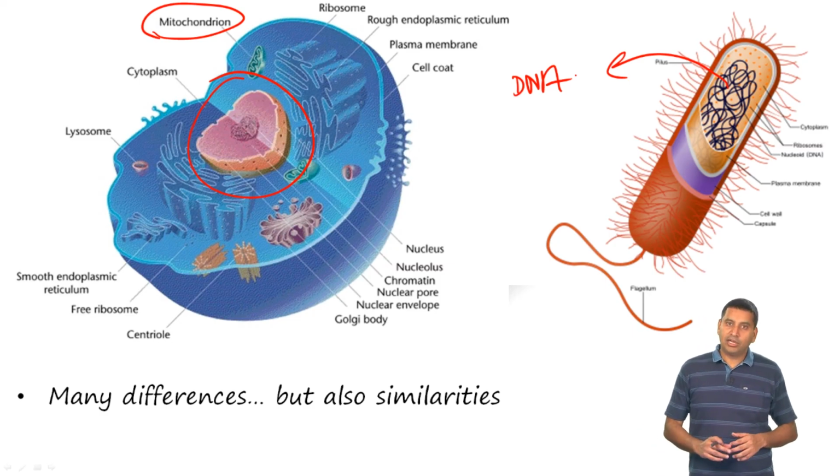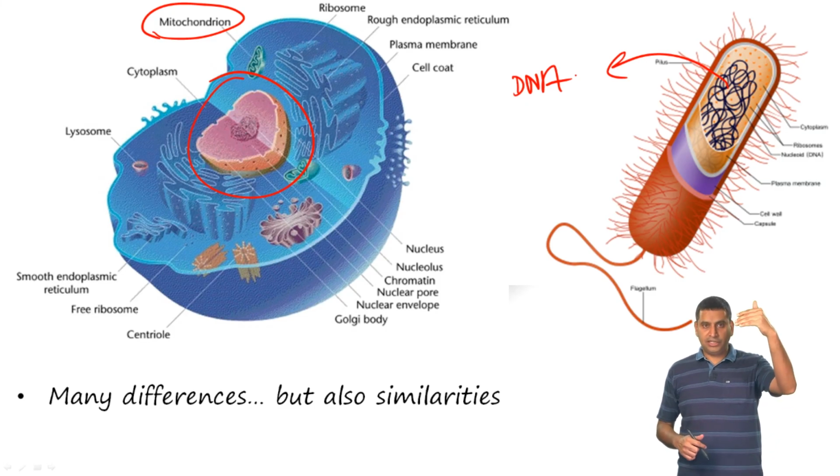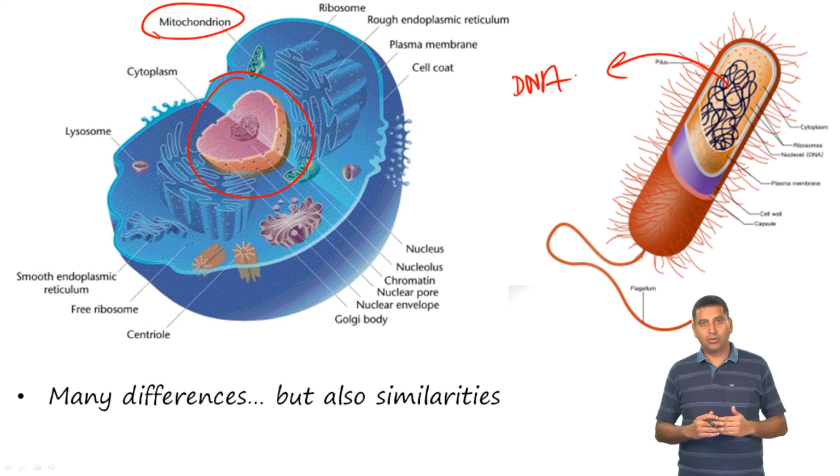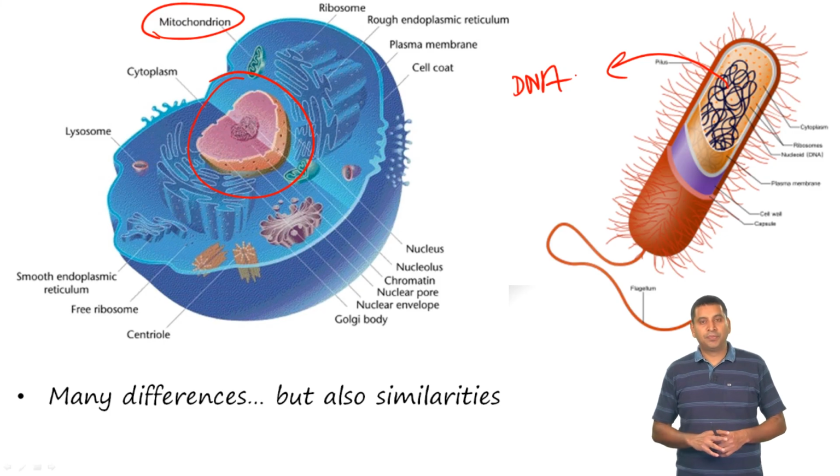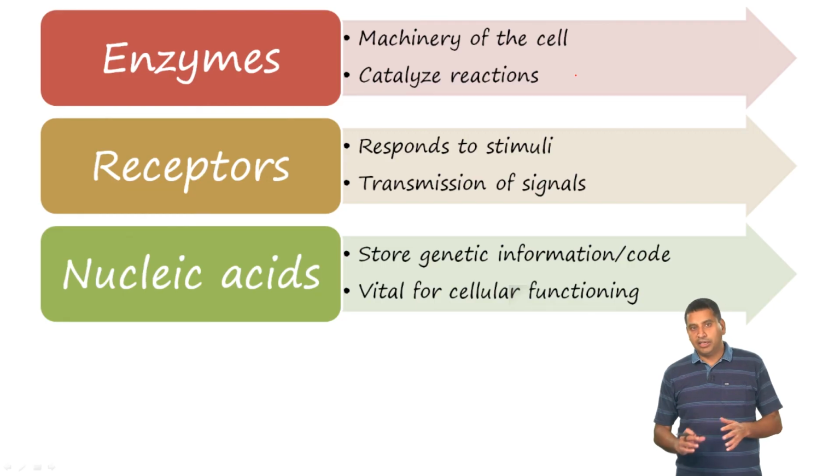So, if you look at the cellular machinery, it starts with DNA, which has the genetic code. The code is then transferred to RNA, and RNA then transfers the information to make proteins. So, proteins are considered as the workhorses inside a cell, and proteins can be classified typically into two types.